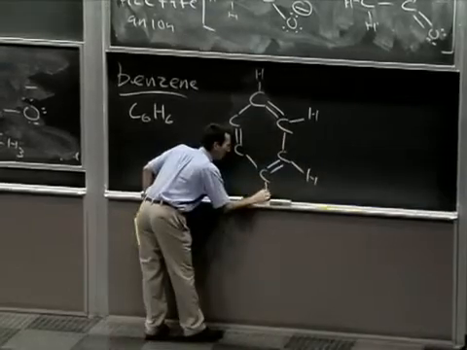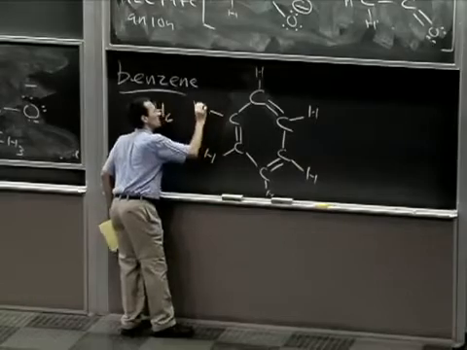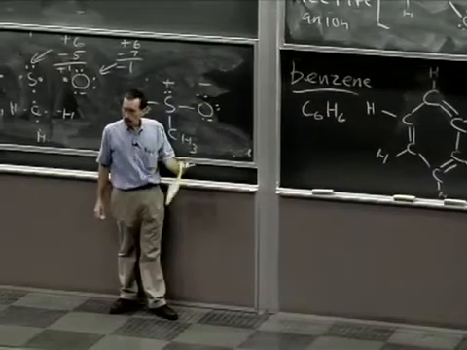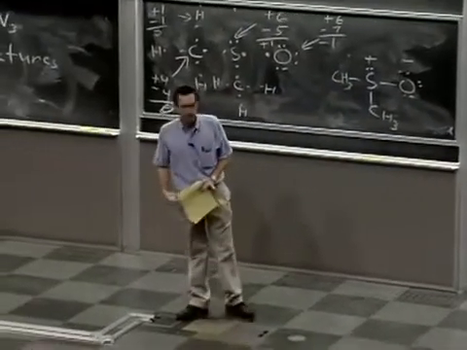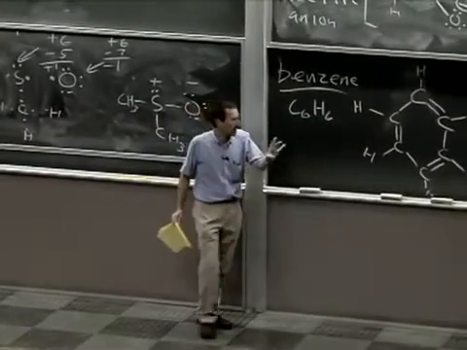And each carbon bears 1 hydrogen. And just as in the case of the acetate anion, benzene can be written by 2 equivalent resonance structures.